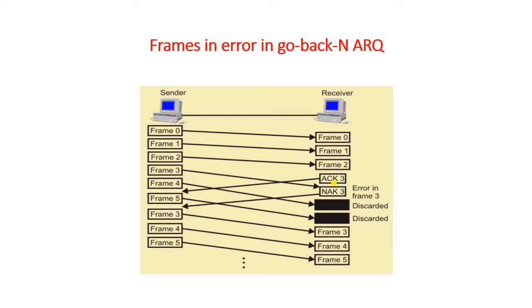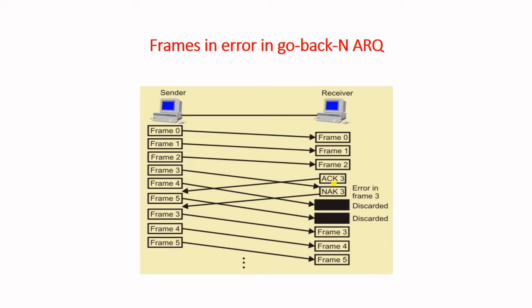So for that, the receiver sends negative acknowledgement. Before receiving the negative acknowledgement, the sender sends some frames also. What are those frames? Frame 4 and 5 in this diagram. When the receiver sends back the negative acknowledgement for frame 3, whatever frames it received after that are discarded by the receiver. In this case, frame 4 and 5.